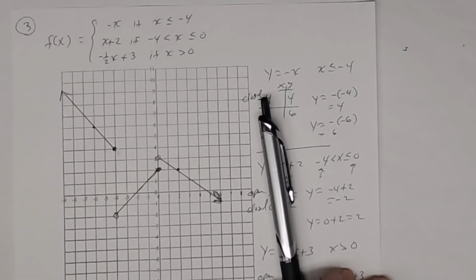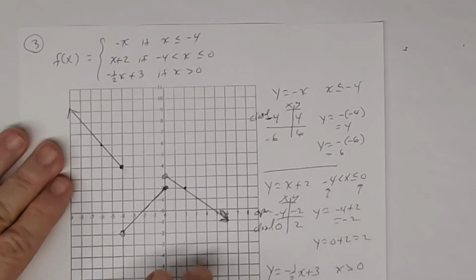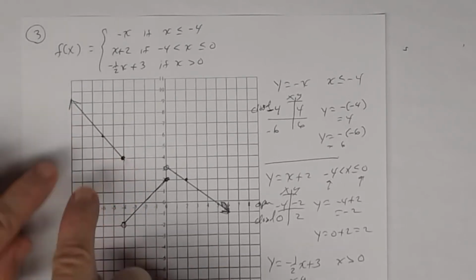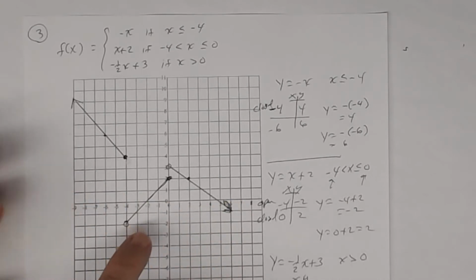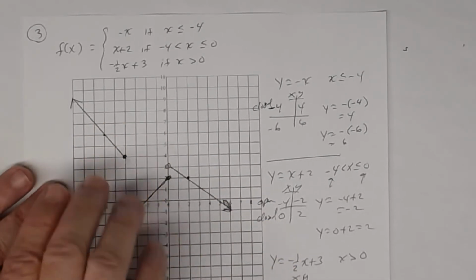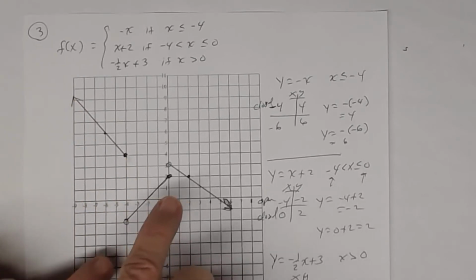Not difficult at all. It's just you thinking about this in terms of, well, what is a piecewise function? Well, a piecewise function is a function where the graph is actually graphed in pieces. And notice that these all have different domains.